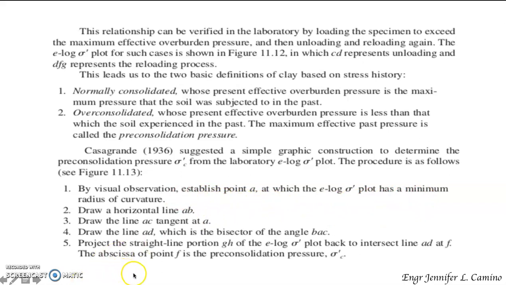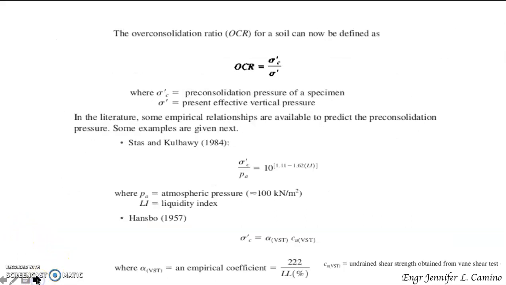Draw the horizontal line AB, draw the line AC tangent at A, draw the line AD bisecting the angle BAC, and project the straight line portion GH of the e-log sigma prime plot back to intersect line AD at F. The abscissa of point F is the pre-consolidation pressure, sigma sub C prime.